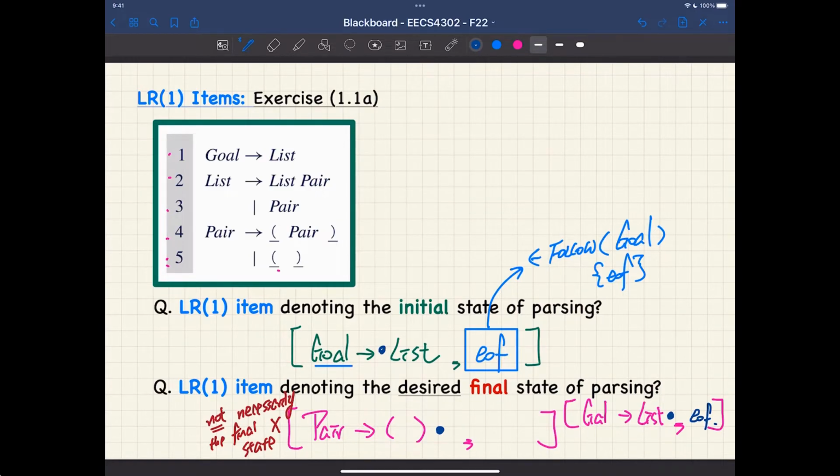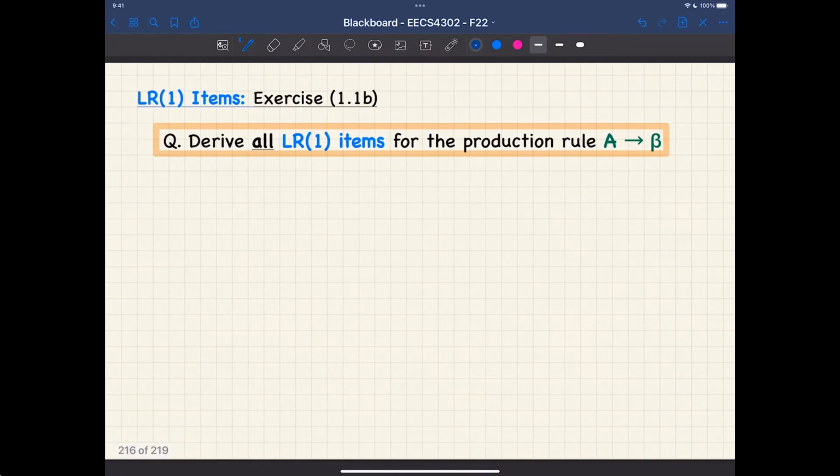Let's now do something a little bit more sophisticated, okay? This is a question. I'll try to explain a little bit. This one is kind of symbolic, but we'll do something more concrete once we pass this stage. Let's say we have a single production rule, A produces beta, let's say, okay?